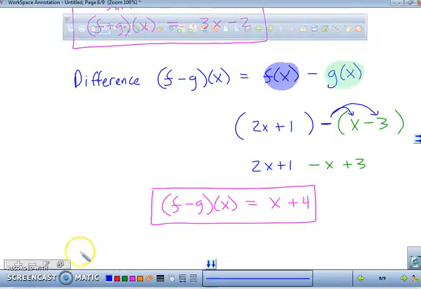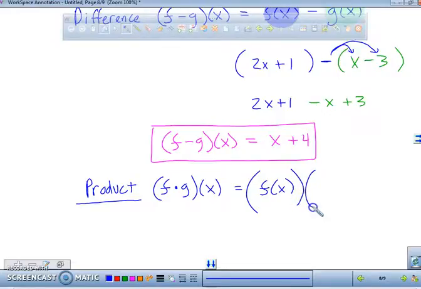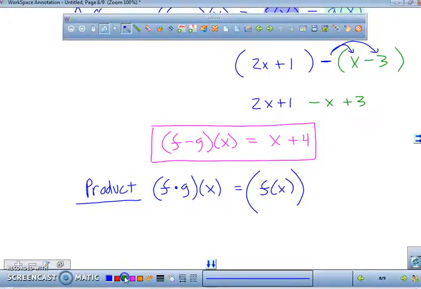All right, the next thing we're going to talk about is the product of our functions. So I'm going to write the word product for your journal. All right, so here we go. Product. And that's going to be where you take f times g of x. And that's going to be f of x, and we're going to take f of x and multiply it by g of x.